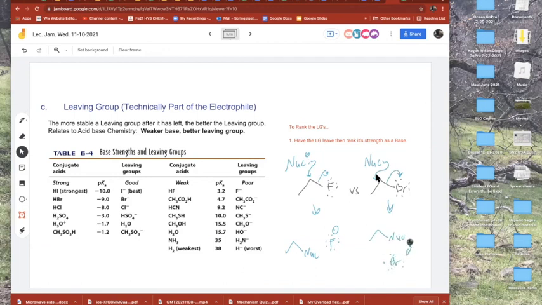And if I know which one's the weaker base, that's going to be the stronger leaving group. So which one of these two is the weaker base? Bromide's less basic, yeah. Bromide is the weaker base.